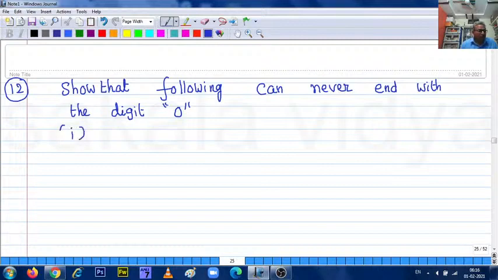In that first question we have 4 raised to n. Here n is a natural number, you remember? N belongs to natural numbers, like this. N is a natural number.